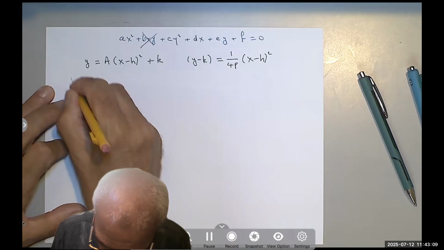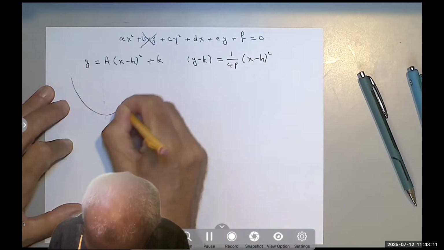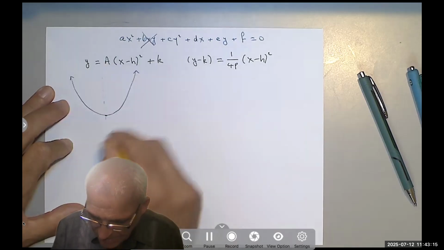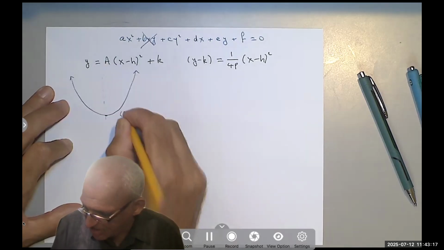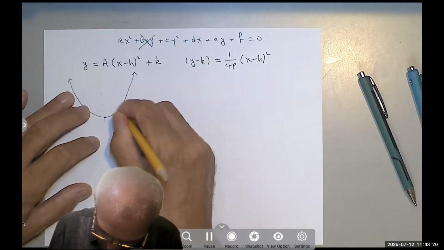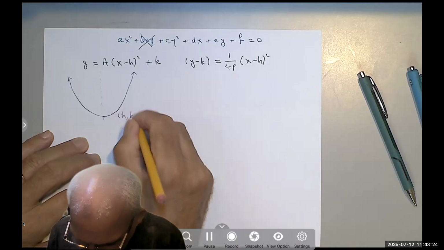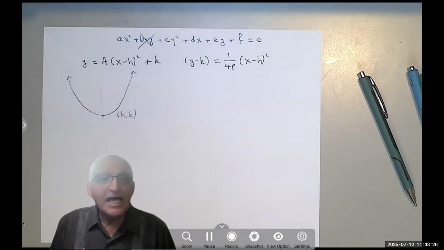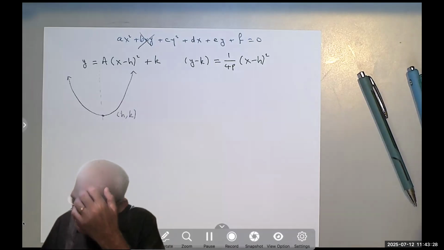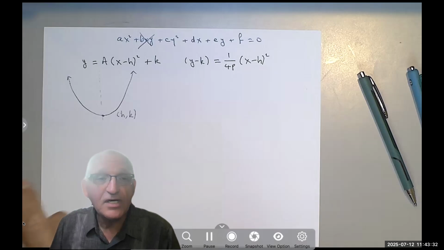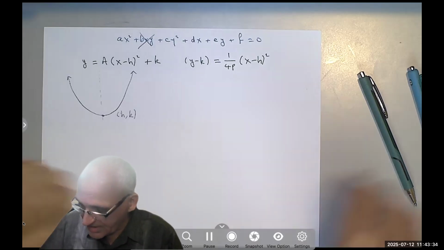So assuming it's positive and it's opening up, my parabola would look something like that. This point is h and p. I was going to write x and y. I'm sorry. H and k. And then we say that the parabola is the set of all points.